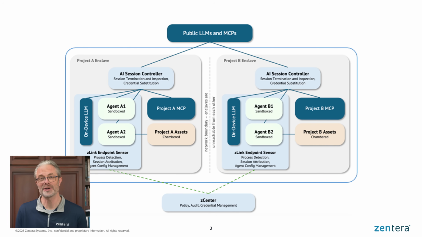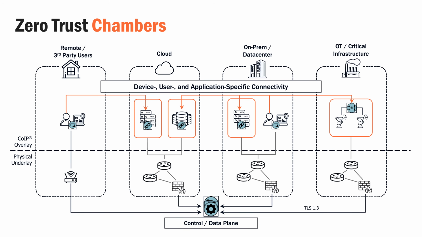The agent can't avoid it. In similar fashion, we can enforce fast network rules on AI tool and user traffic. When combined with Zentera chambers around important assets, this ensures that access is limited, secure, and that only approved pathways are used.